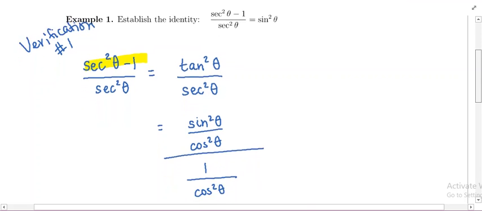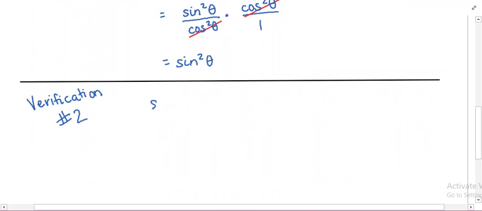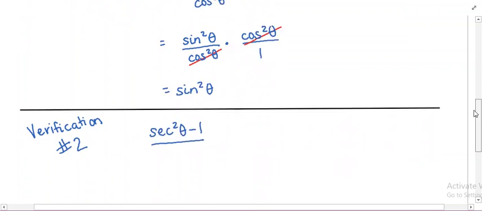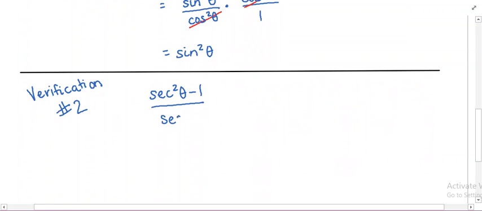That doesn't change. Okay, so we've got secant squared theta minus 1 all over secant squared of theta. Okay, we are going to use known identities and algebraic manipulation to try to get sine squared theta on the other side. Okay. Here's the different way you could have approached this, okay? This is a fraction, okay? Let's break up the fraction.